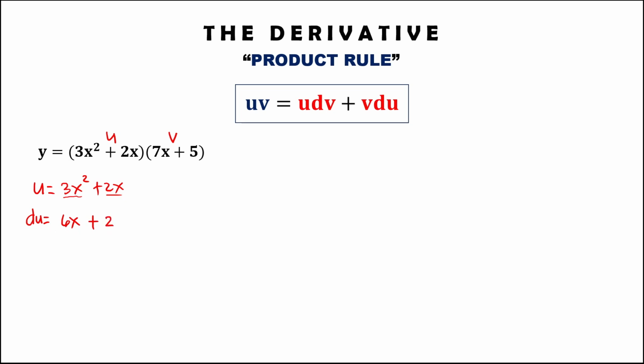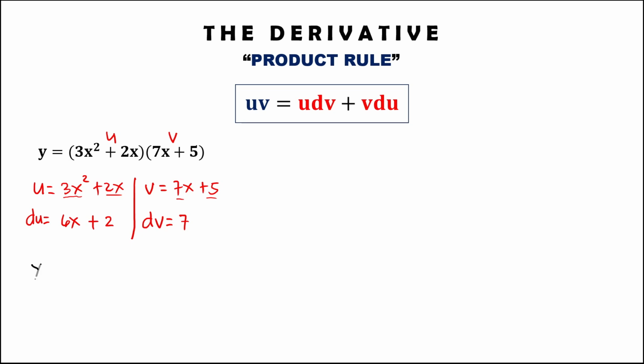So du is equal to 6x plus 2. Then v is equal to 7x plus 5. Then dv, the derivative of 7x is 7, and the constant is 0. So dv is equal to 7.